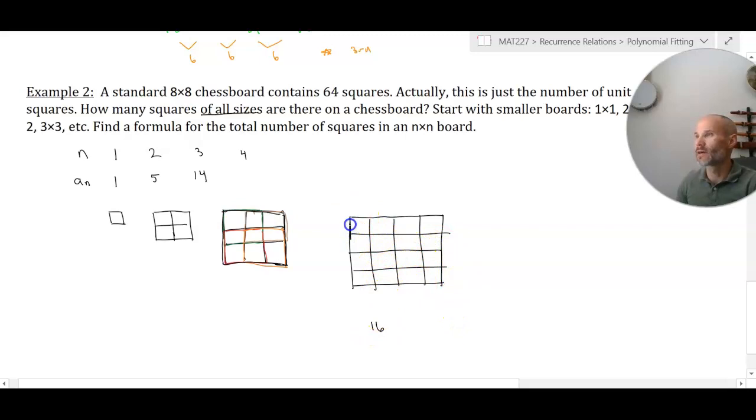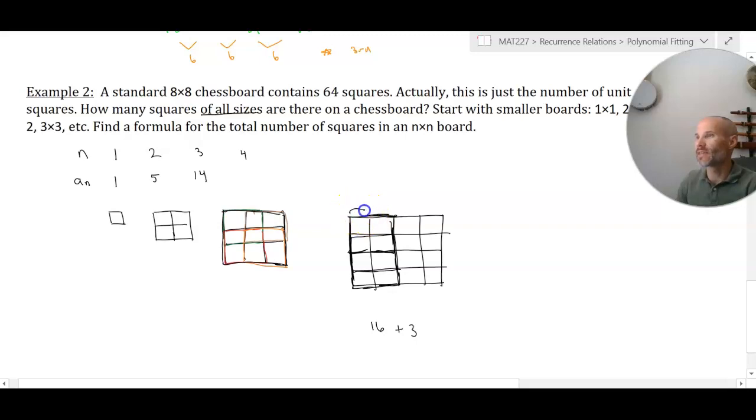Then we can have this square just like we did with the 3x3. There's plus 1 more, so there's 17. Shift that down 1 row, there's 18. Shift that down 1 more row, there's 19. Okay, so that means within each column I could have 3 2x2s. So I'll just say plus 3 there.